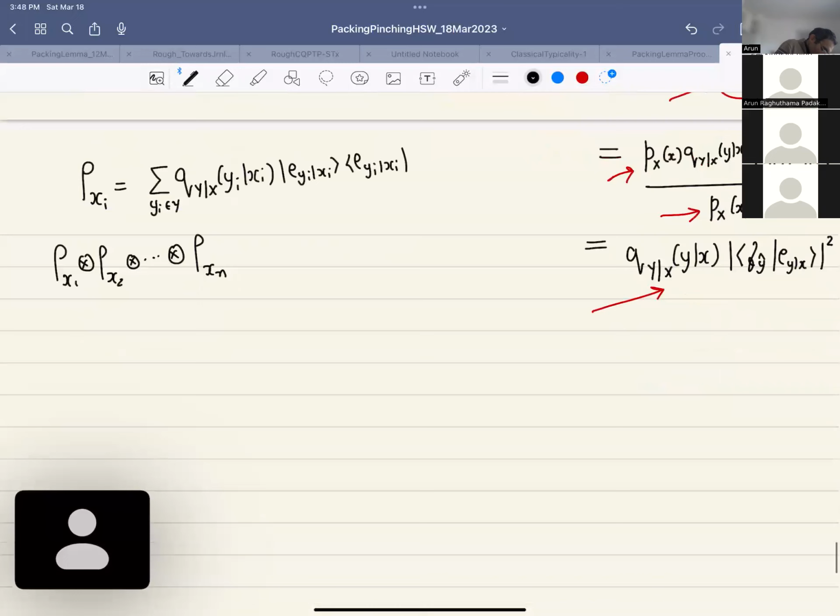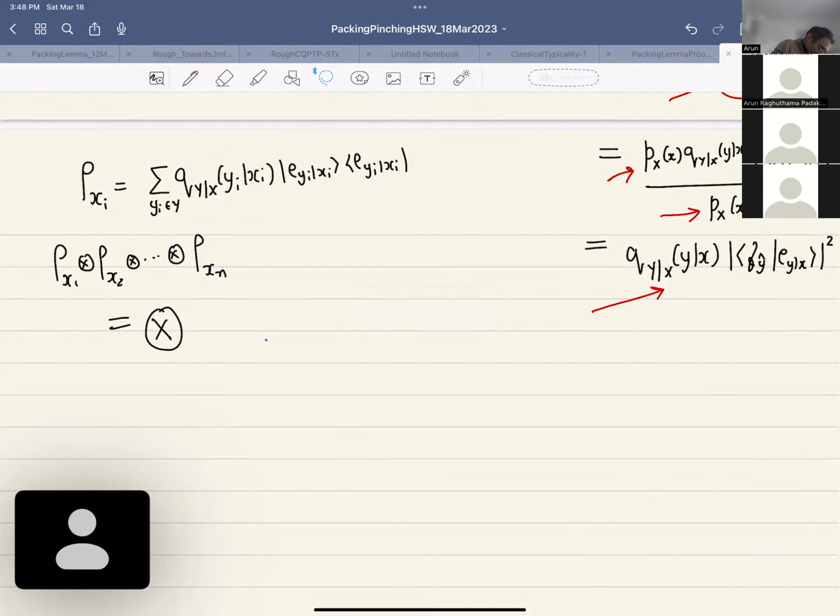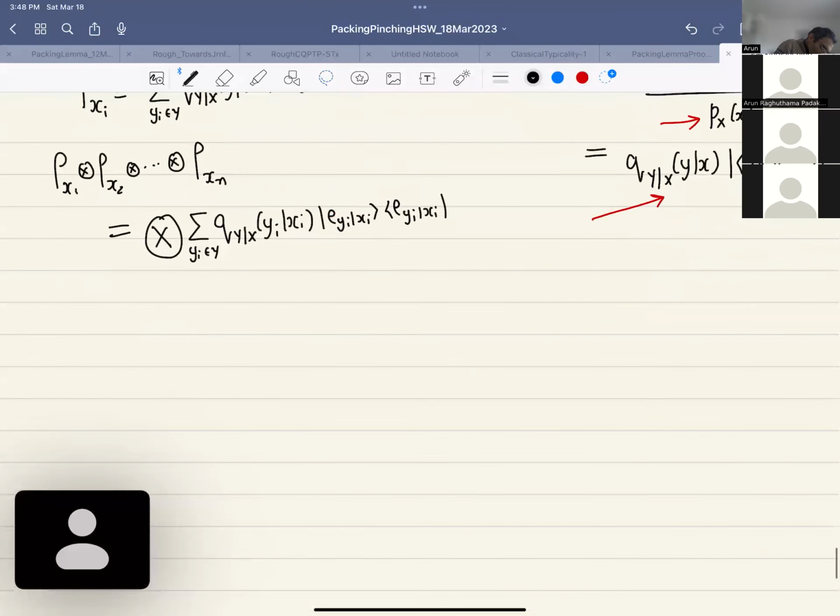This is nothing but a tensor product of these copies. Then I end up getting, to give an example, let me do it like this: lambda a ea, summation over a, tensor mu b fb.